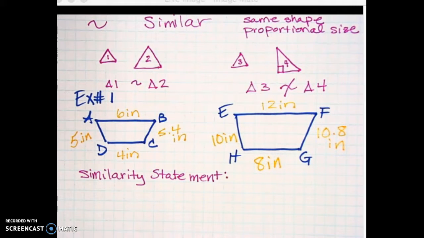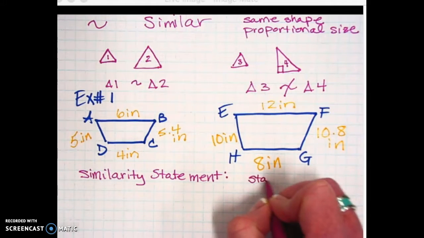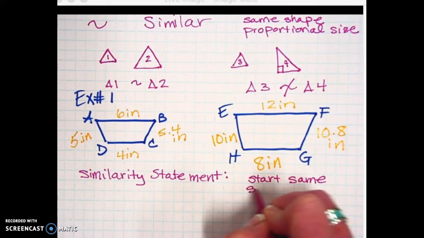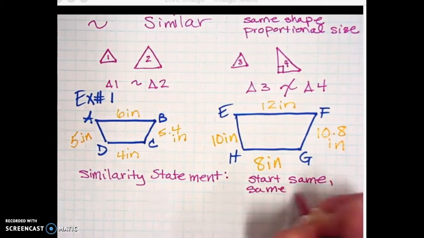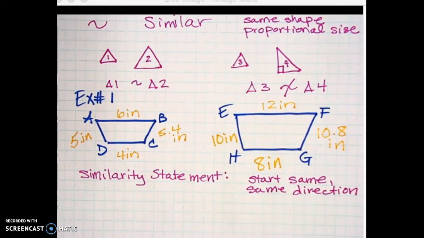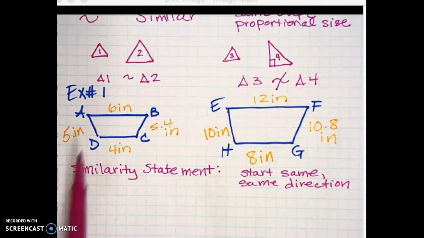So on a similarity statement, you need to start at the same place and go the same direction. Unless it's flipped. And then you would go the opposite direction. All right, so you want to match up the sides.